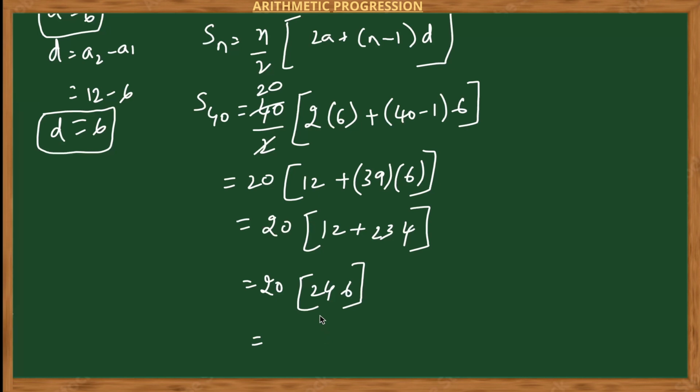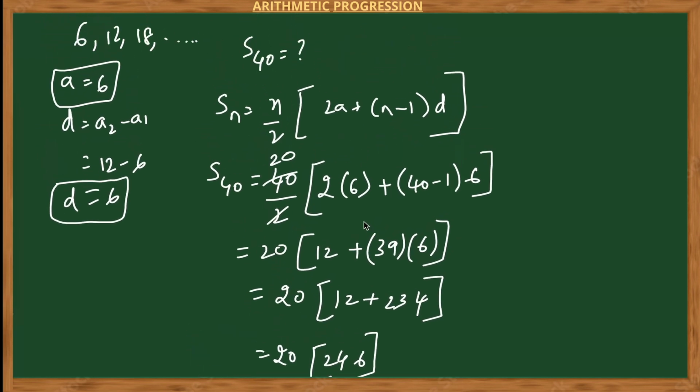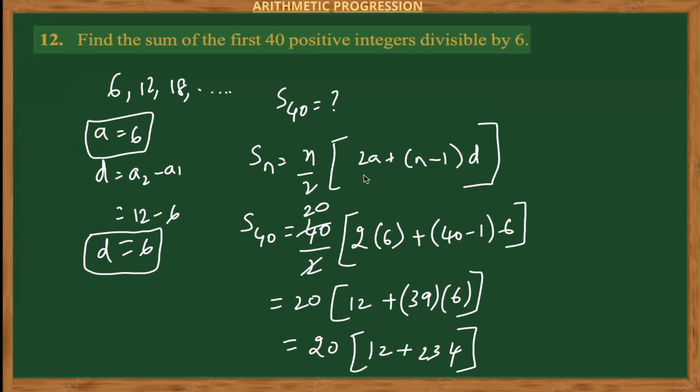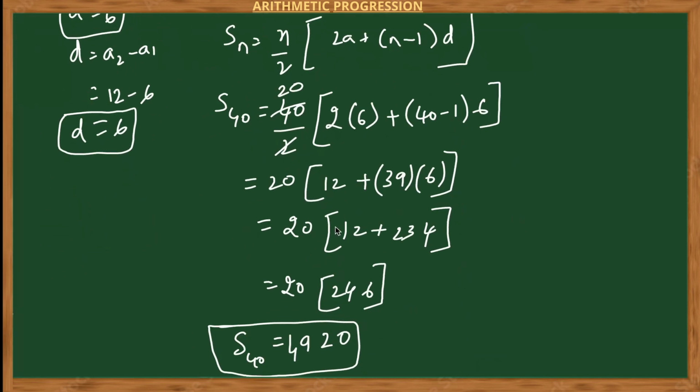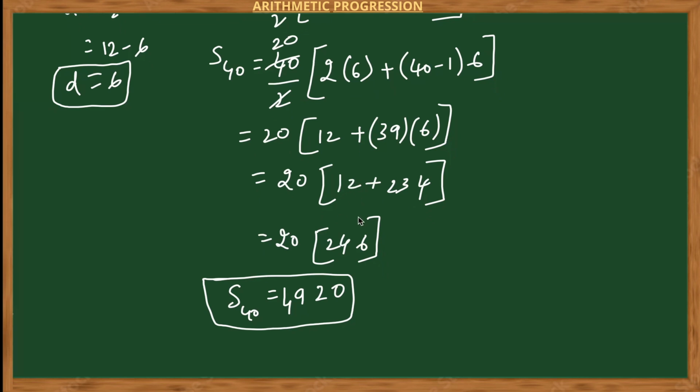So now we need to multiply with 20, we'll get 2460, which is S of 40. So the sum of the 40th term is what we needed to find. With this, substituting the values, we got the value of it.